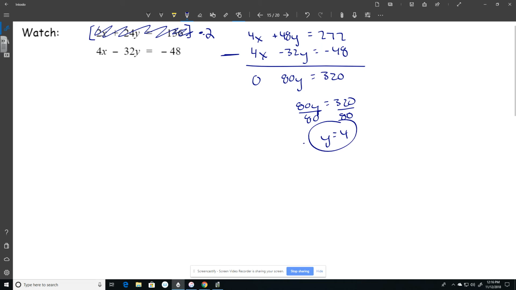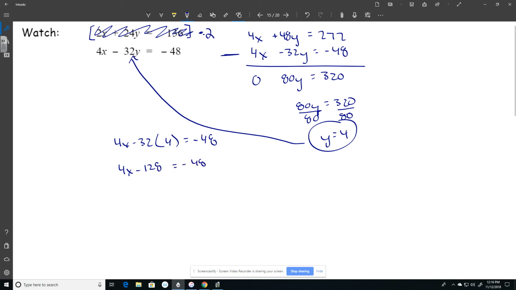So I can take that answer and plug it in right here and figure out what x is. So 4x minus 32 times 4 equals negative 48. 32 times 4: 30 times 4 is 120, but I have a 32, so negative 128 equals negative 48.